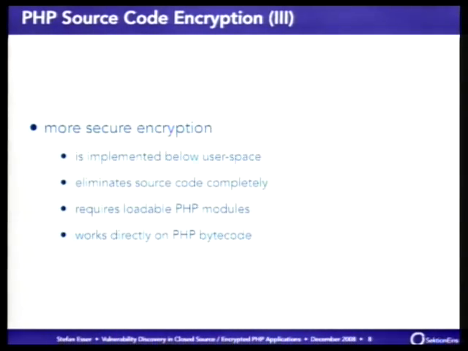So, for more secure PHP encryption, this is usually implemented below the user space, because everything you do in user space can be hooked from within PHP, and you can just see what they are doing. So PHP encryptions are usually implemented in a loadable extension, and you cannot run the PHP application without the loader extension.